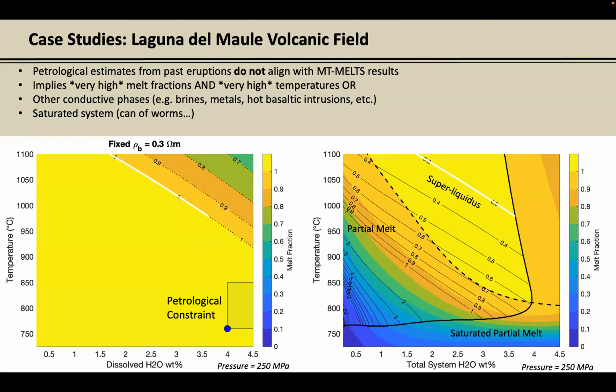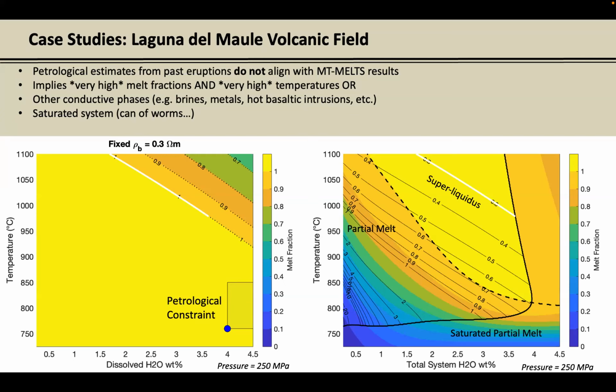And this is the same model that I showed earlier. And so in this case, when you plot the parameter space, you can see that because it's so conductive, you need a lot of melt to explain this feature. In fact, you basically need 100% melt if you're looking at the petrological constraints. And if you look in this parameter space, you can see that you require temperatures above 1,000 degrees. And so either you're going to have to say, okay, this is really hot, really high temperature, really high melt fraction, which is probably unrealistic for the scale of this feature.